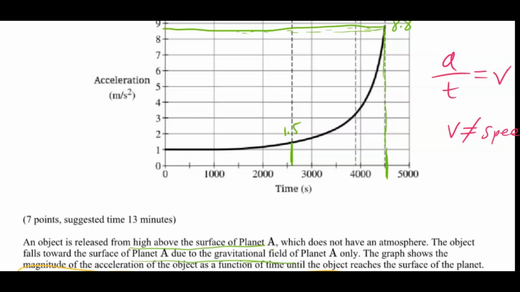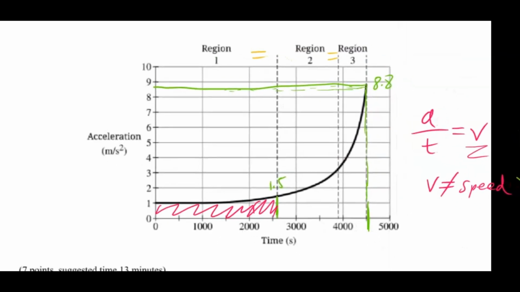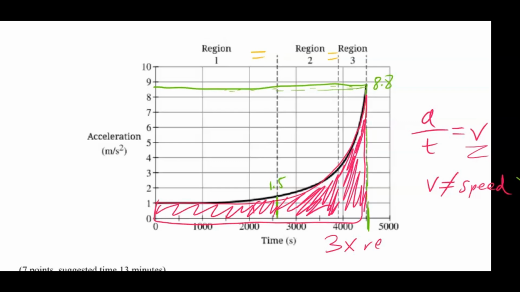All right, so if you want to find the ratio of the speed, we just have to find the area under the curve, because the area under the curve, as we said, is velocity, or really we can just use it as speed for now. So this area is equivalent to region 2 and region 3. Region 3 is this entire thing, so that's 3x regions.